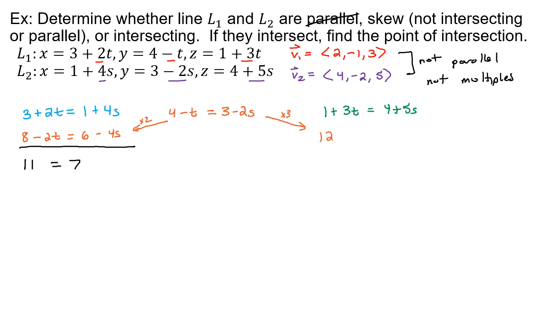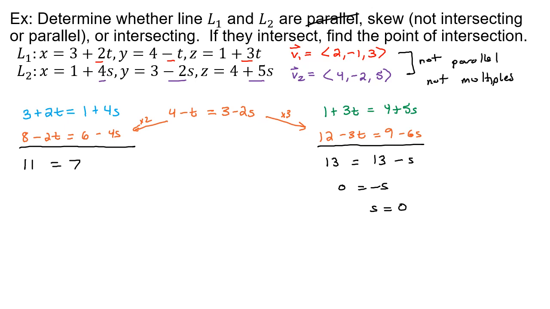I'll get 12 minus 3t equals 9 minus 6s. Here I'll get 13 equals 9, 10, 11, 12, 13 minus s. And you go, oh, see there, I got an s value. So if I subtract the 13 off, I get 0 equals negative s. So s had to be 0.